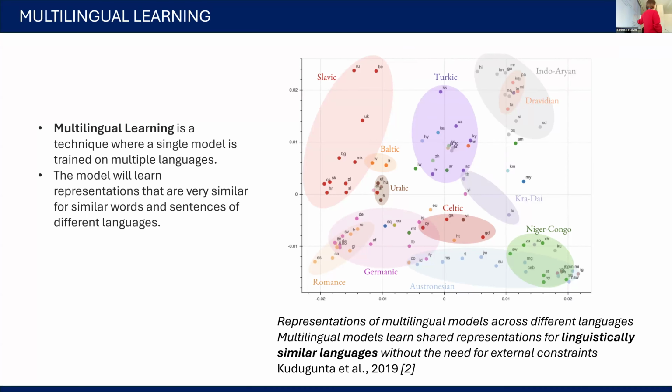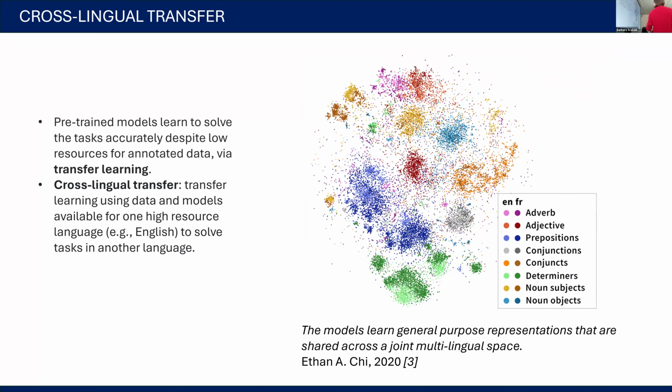So you will typically see languages from the same family clustering together inside the layers of these models, which is great, because it means that we can use the representation of a similar language to adapt to our task language, our low resource language. This process is typically called cross-lingual transfer.